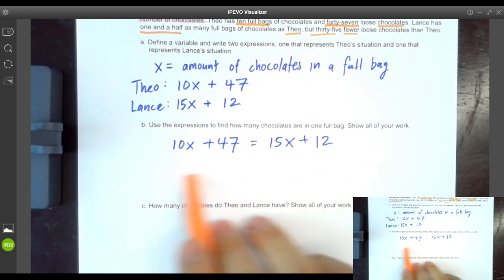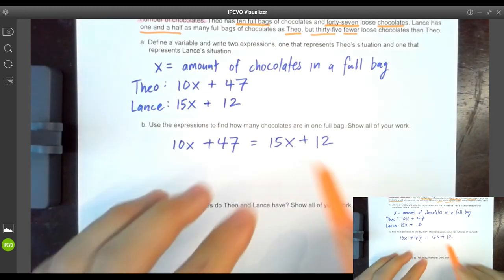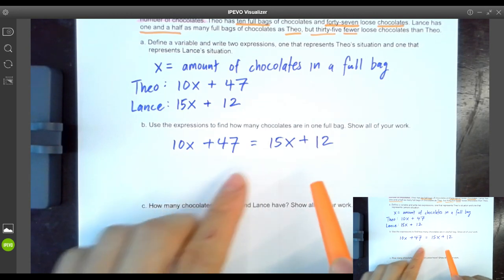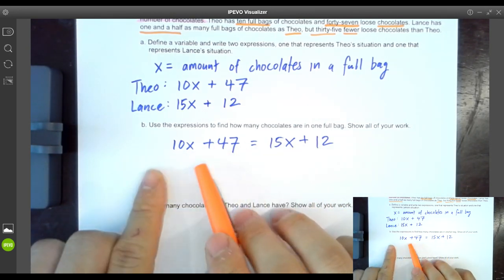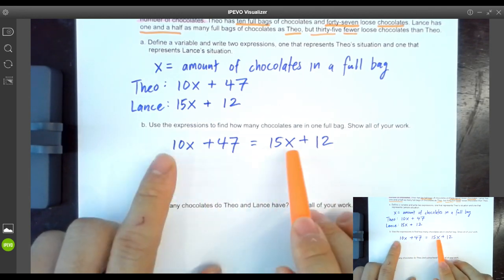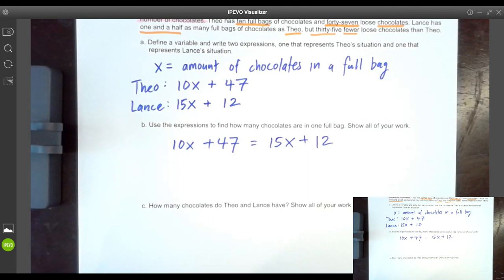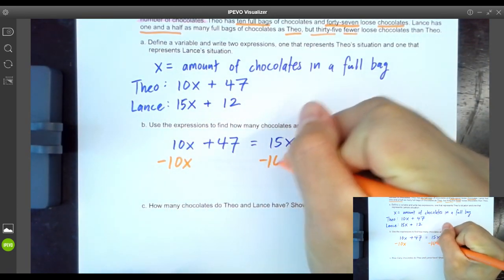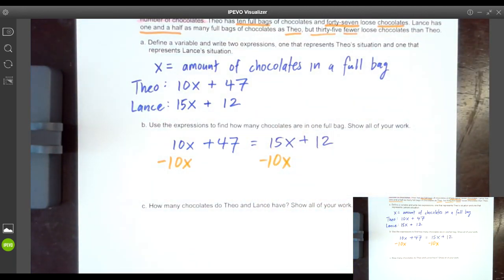You always want to try to subtract the variable from the side that would allow you to keep and maintain a positive value for your x, right? Technically, I could subtract 15x from both sides. Technically, I could also subtract 10x from both sides. But I'm actually going to choose to subtract 10x from both sides because I want to always try to keep my variable positive. Okay.